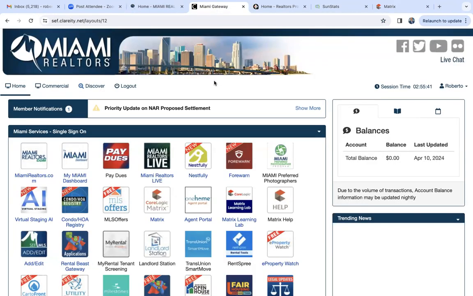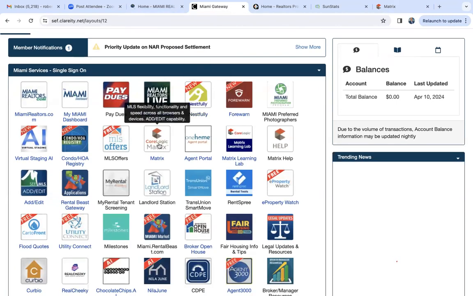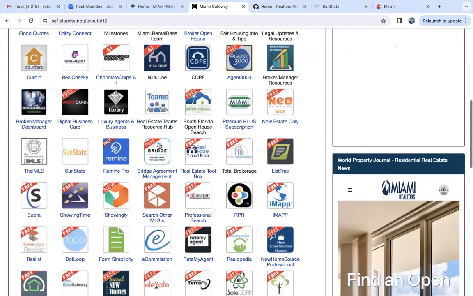We are going to open up the MLS, which is called Matrix, right? And later on, we're going to use a tool from the Florida Realtors called SunStats. And we are going to be using RPR as well, which is from your National Association of Realtors.